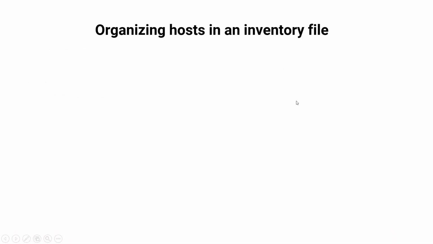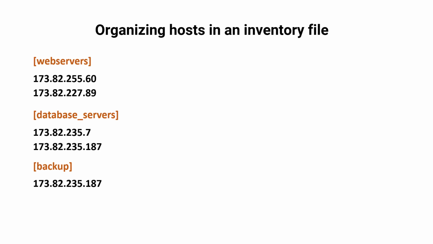So moments ago, you have seen how you can organize your hosts using host groups inside an inventory file. And we have seen that this is a much better way of arranging your hosts, and it makes the host file look more presentable. Now, there are cases where you can find one host belonging to more than one host group, as is the case here.